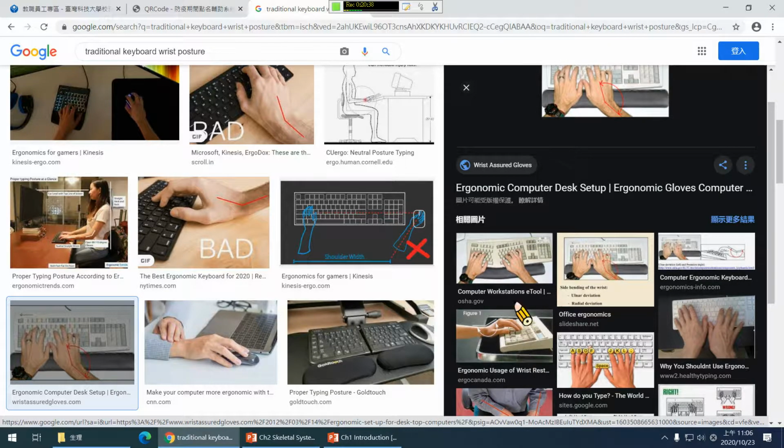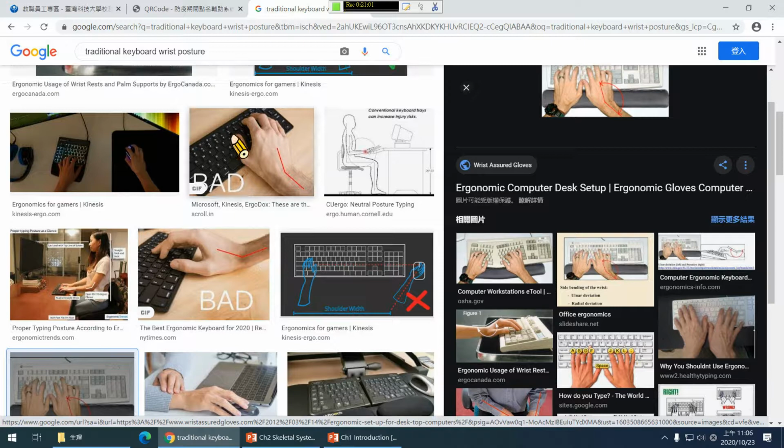So the idea is to make these keys at an angle so that your hand doesn't have to make that angle. Okay? If it's a straight keyboard, your hand would have to create an angle for it. Not only this view, but also vertical view.